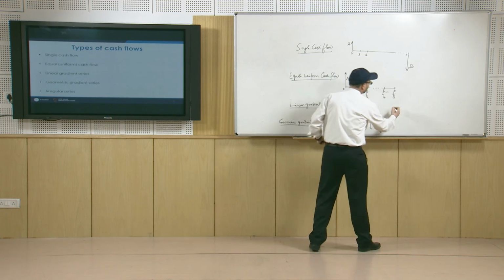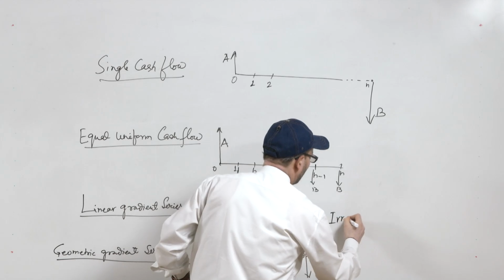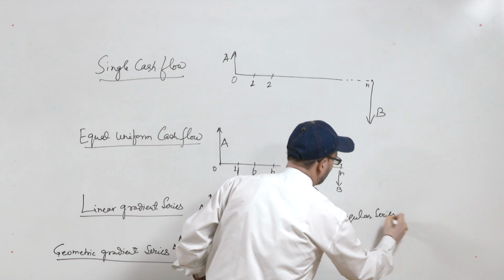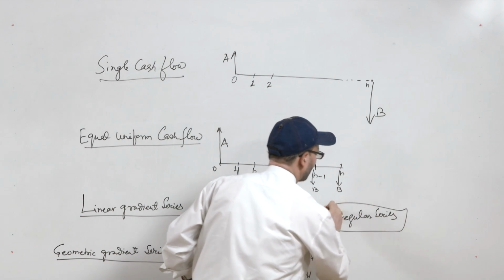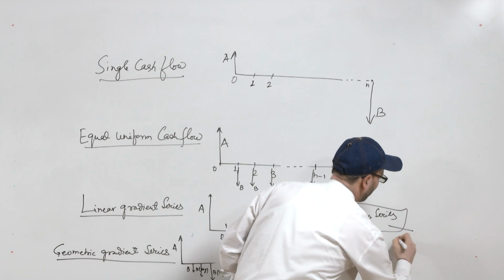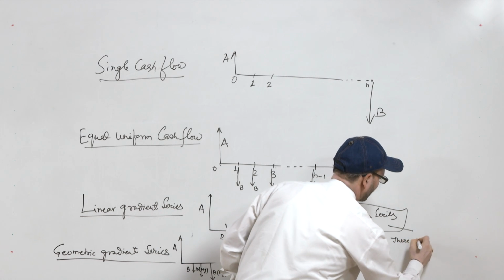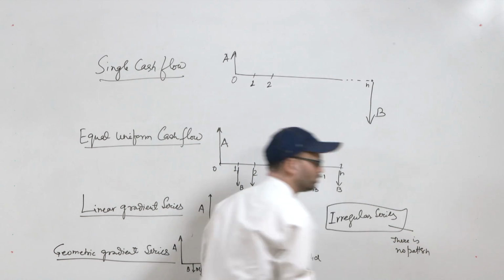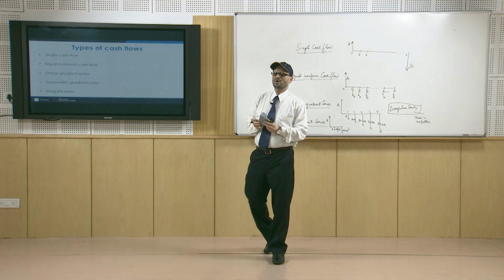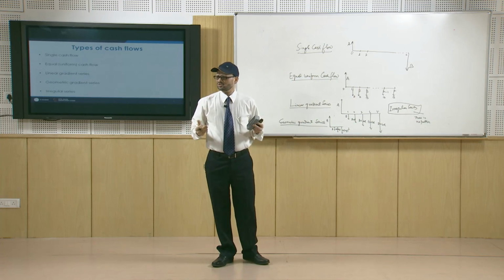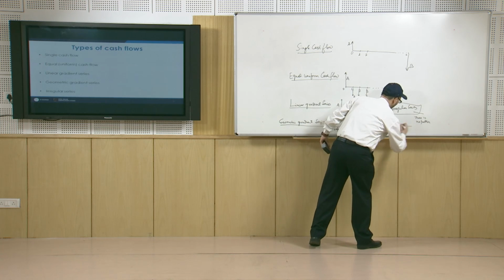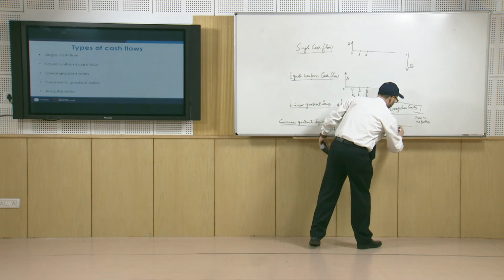It is nothing but there is no pattern. In irregular series there is no pattern. You can have any amount being borrowed and paid, and that does not follow any rule.